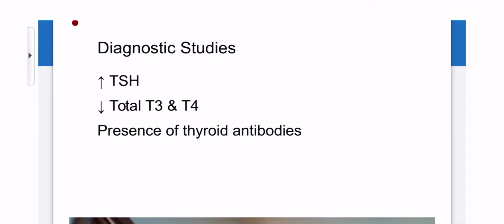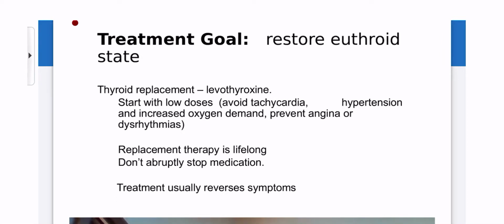How do we come up with this diagnosis? In this situation, thyroid stimulating hormone is going crazy, but still there's no response from the T3, T4 in the thyroid gland. And serum studies would show presence of antibodies. Here again, our treatment goal is to get the patient back to a normal state, the euthyroid state, we call it, where the thyroid gland is functioning within normal range.